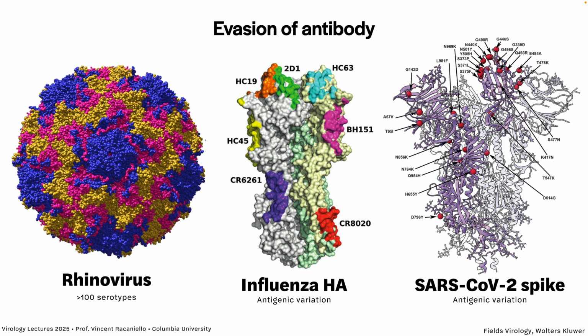And all of these red balls, so here the spike is shown as a trimer. So all the red balls are amino acids that change in variants that lead to evasion, and some of these lead to evasion of antibody binding.